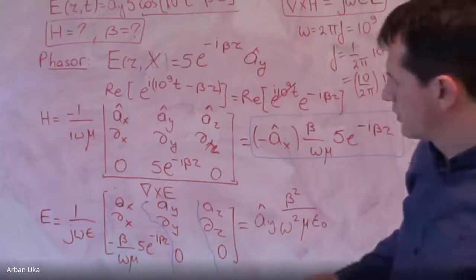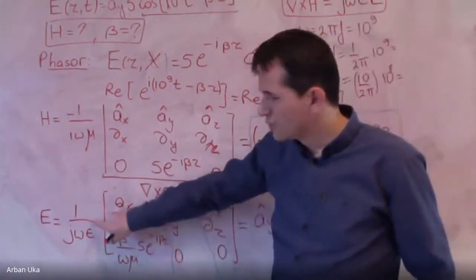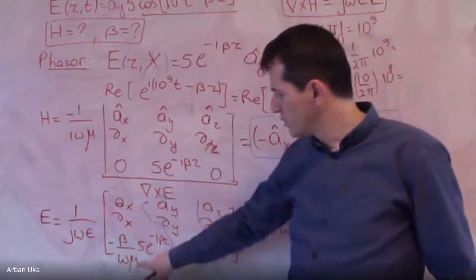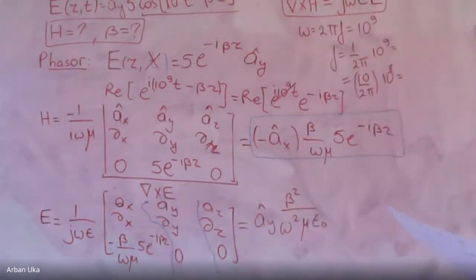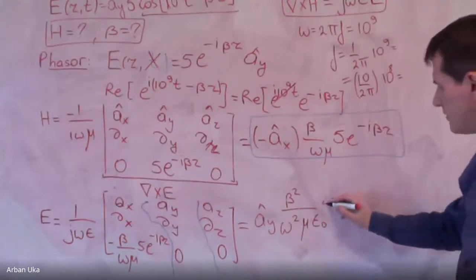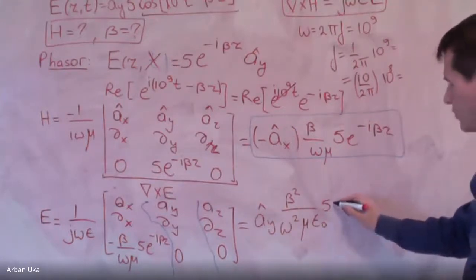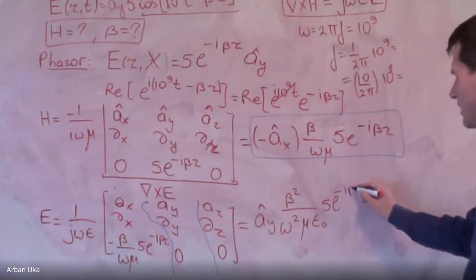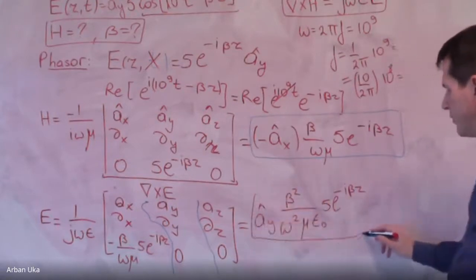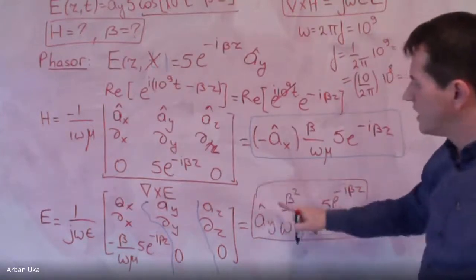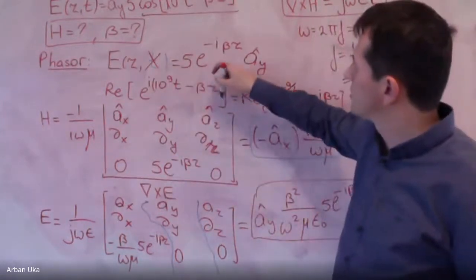Okay, because if you look at it carefully, you're going to see that this term is going to multiply this term. So we get all this set of terms here times phi e to the power minus j beta z. Okay. Now, for a moment, this is the answer. So we have this. So let's see for a moment.